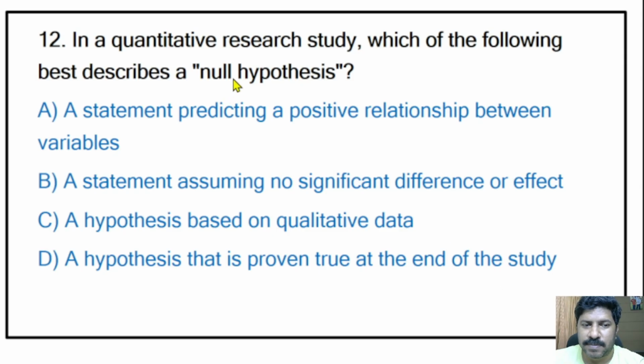So null hypothesis means a statement assuming no significant difference or effect. Usually at the start of a research study, the researcher will keep a null hypothesis, that means there is no significant difference or effect. If we find any differences, then the null hypothesis is rejected. That is called the alternative hypothesis.